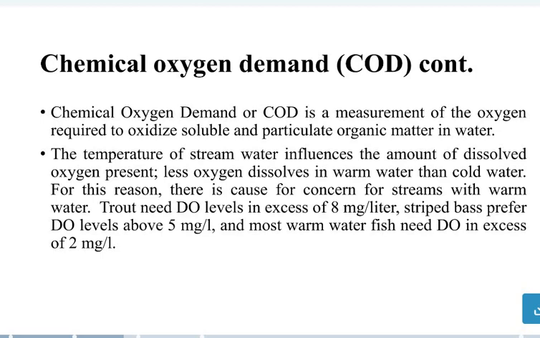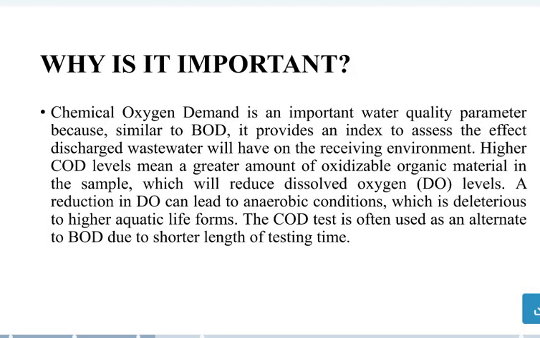For this reason, there is cause for concern for streams with warm water. Trout need DO levels in excess of 8 mg per liter. Striped bass prefer DO levels above 5 mg per liter, and most warm water fish need DO, meaning dissolved oxygen, in excess of 2 mg per liter.